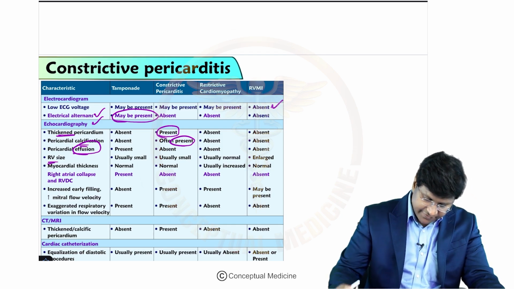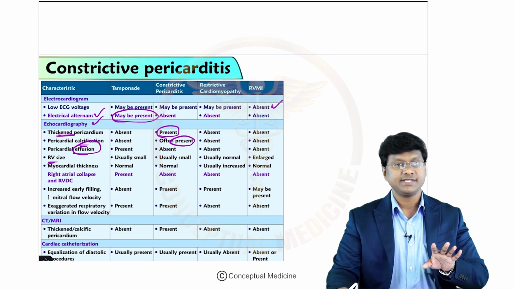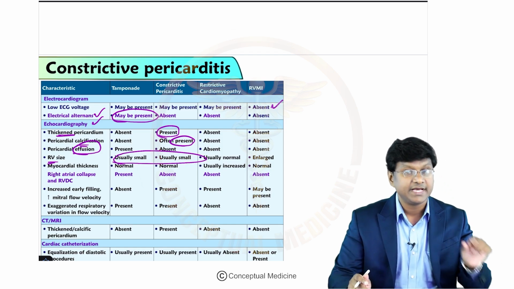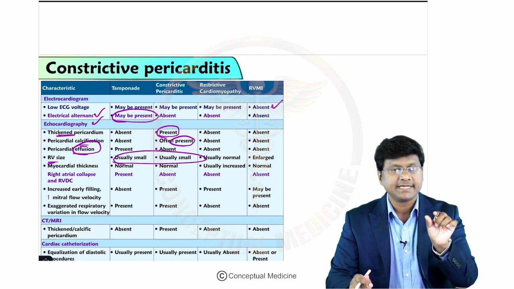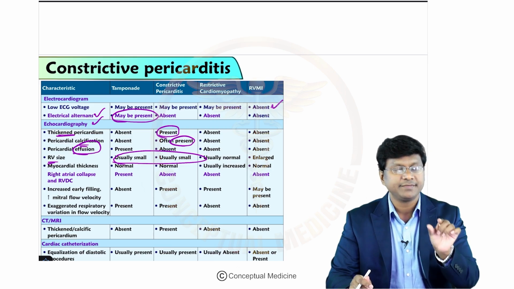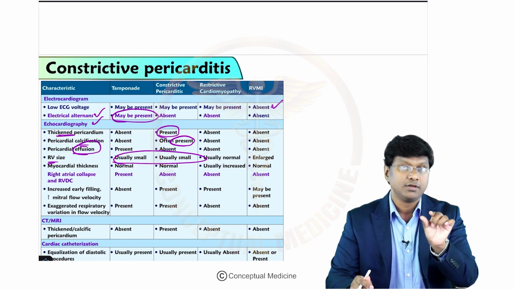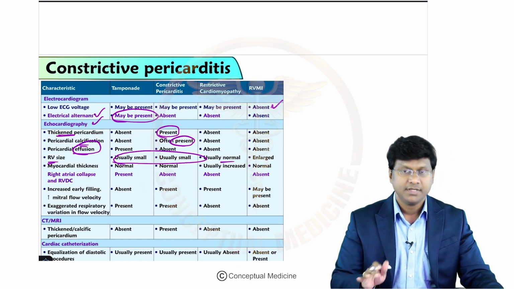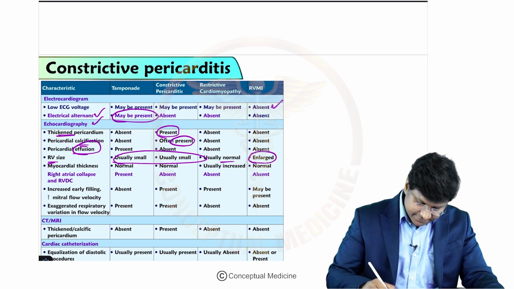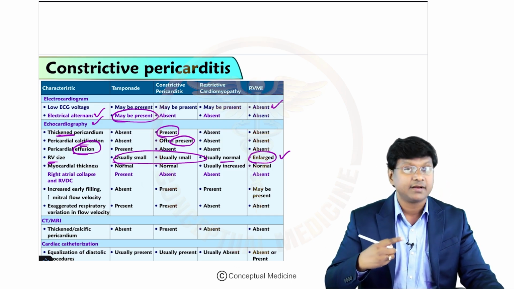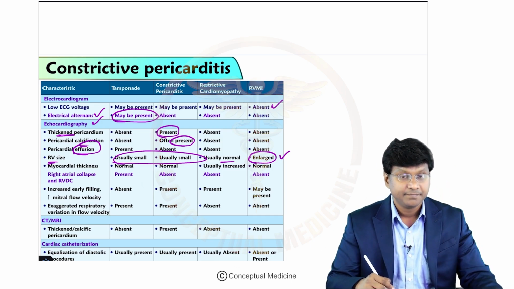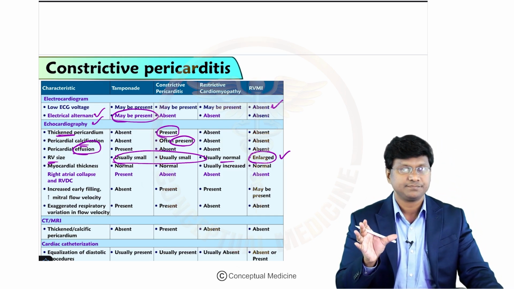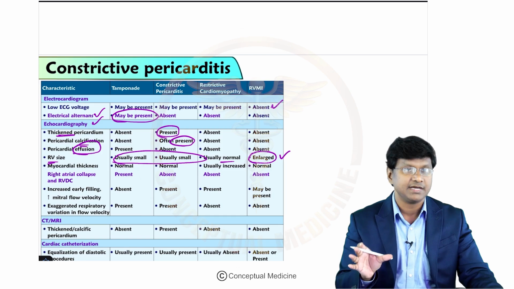Then coming to the RV size. In cardiac tamponade and constrictive pericarditis, in both of them, the RV size will be small. But in restrictive cardiomyopathy, more or less, the RV size will be normal. And in RVMI, in case of right ventricular MI, the RV size is enlarged.